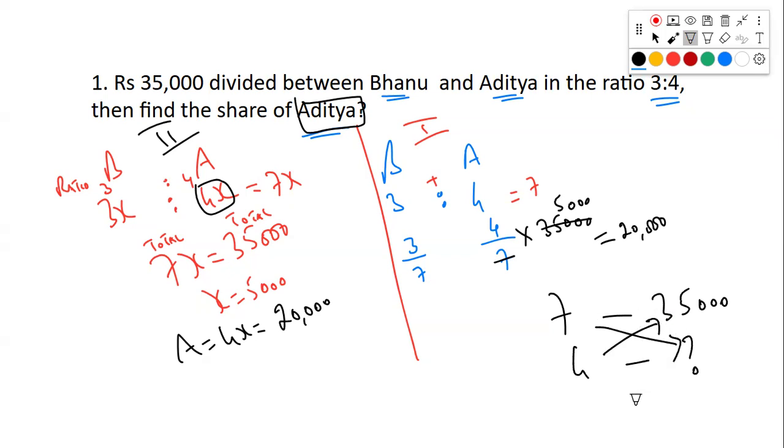So cross multiply to get the answer. 4 into 35,000 divided by 7. 7 will go 5 times. So 5 into 4, 20,000. So there are many ways. This is how the logic works, how to distribute it. Whichever way you understand it, you can follow that.